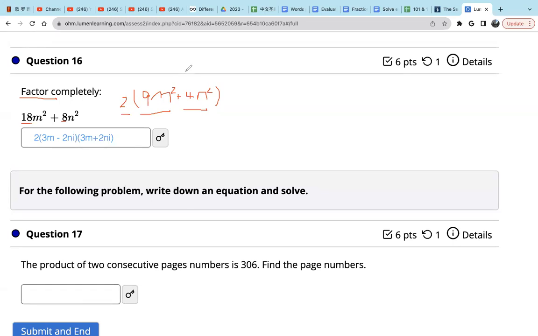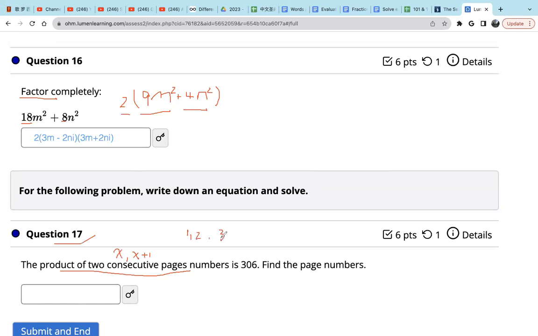So now let's see 17. The product of two consecutive pages. Consecutive means this: if the first page is x, the next one will be x plus 1. Like 1, 2, 3, 4, 5.